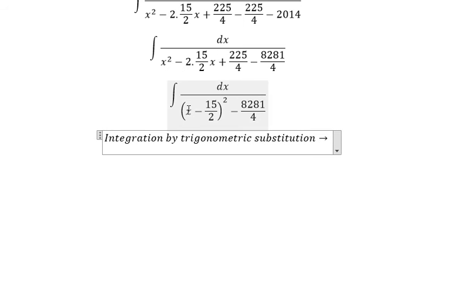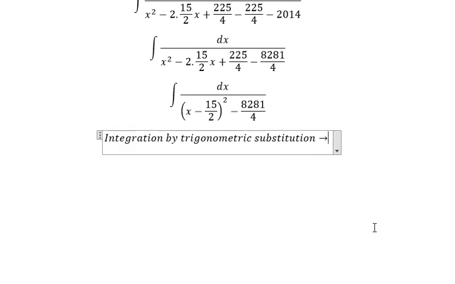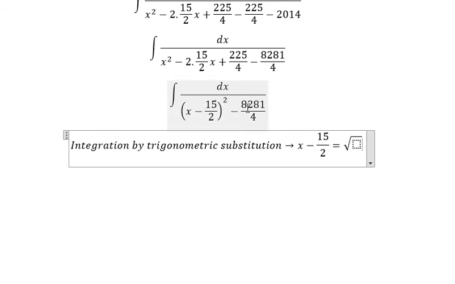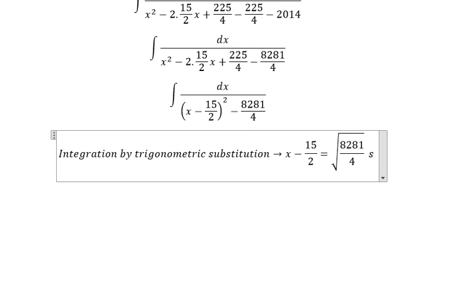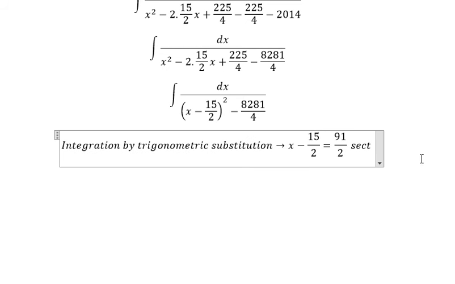So we put this one equals the square root of this number. We put about 60. And this number in here, you will get about 91 over 2.